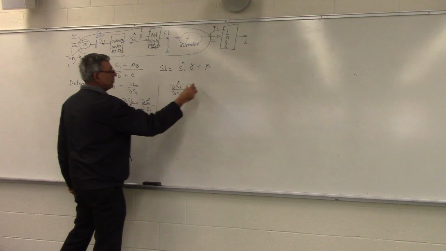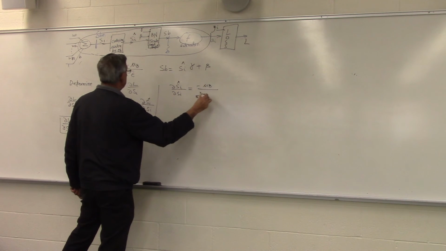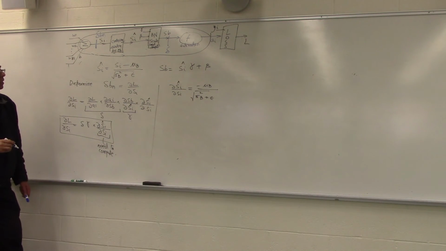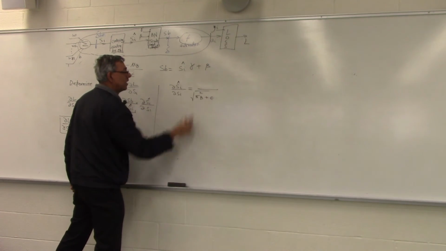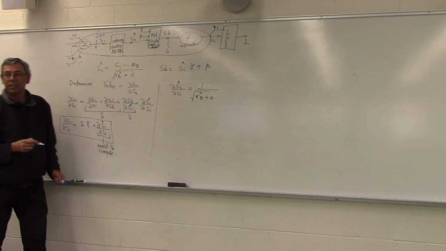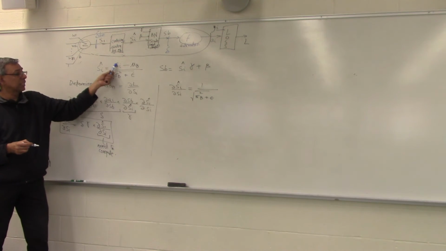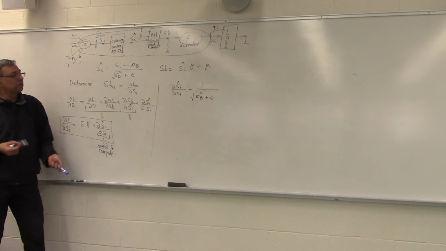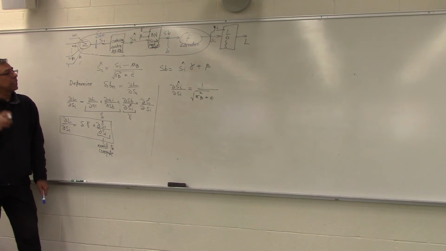Wouldn't you say this is simply 1 over the square root of sigma square b plus epsilon? Do you guys agree? Because I'm taking the derivative with respect to SI, so mu b disappears. You might say we have the answer, but that's the wrong answer. Why is it the wrong answer?